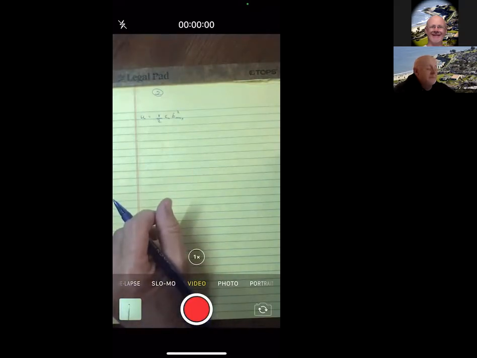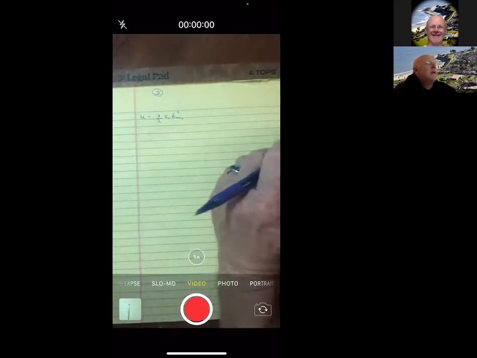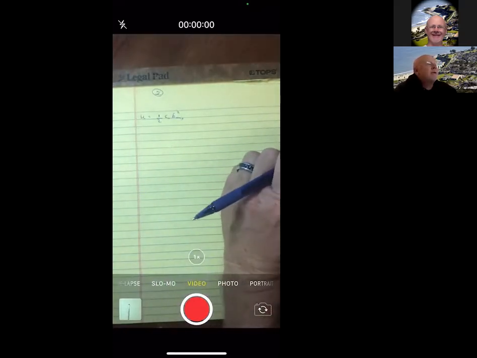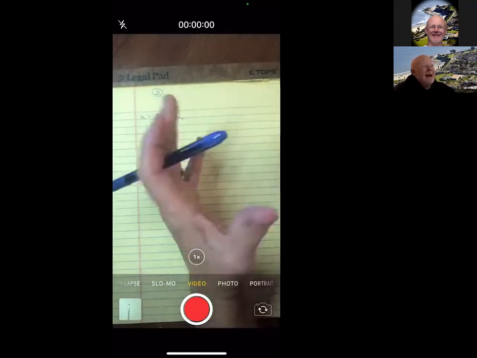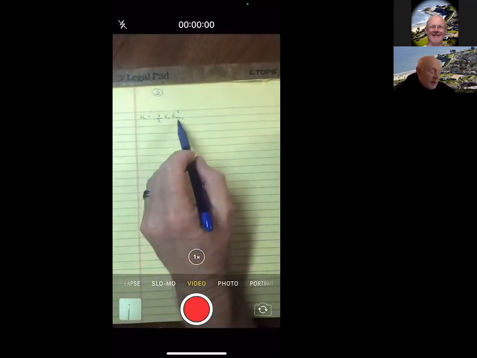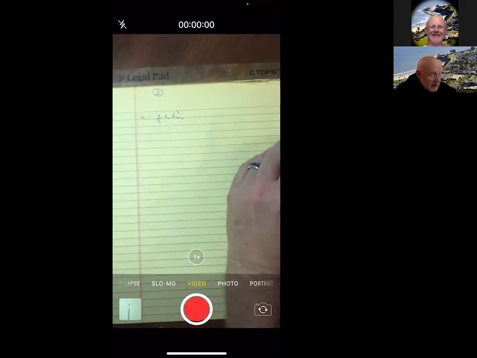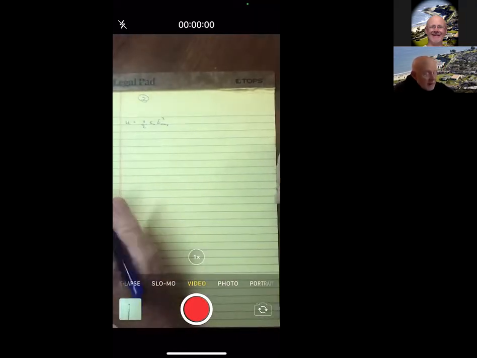Because what's the question? The question says, compute the amplitude of the EMF. So they want the amplitude of the EMF induced. To get the maximum EMF, I really need the maximum electric field.